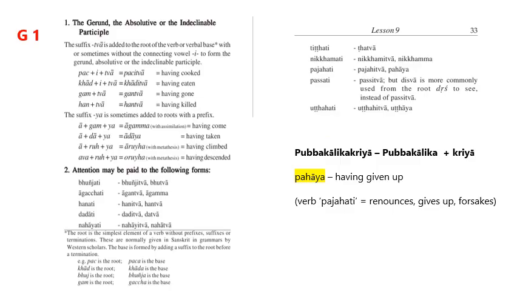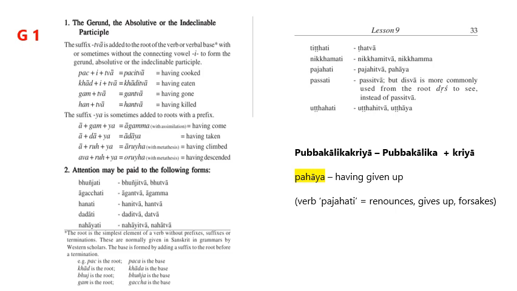On this slide, we have a screenshot which tells us about the suffixes to be added in order to obtain absolutives or indeclinable participles, which perform the function of expressing actions that precede the action of the main verb in the sentence.